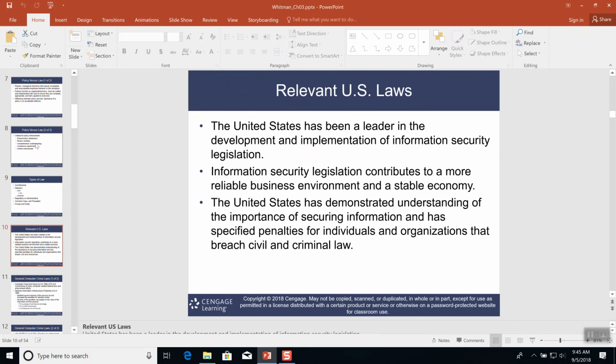More or less, yeah. So I'm not sure if I agree with that, but reliable business environment. Well, I think business in China is pretty reliable, right? So more or less. The United States has demonstrated understanding of the importance of security information, as specified by penalties for individuals and organizations that breach civil and criminal law.